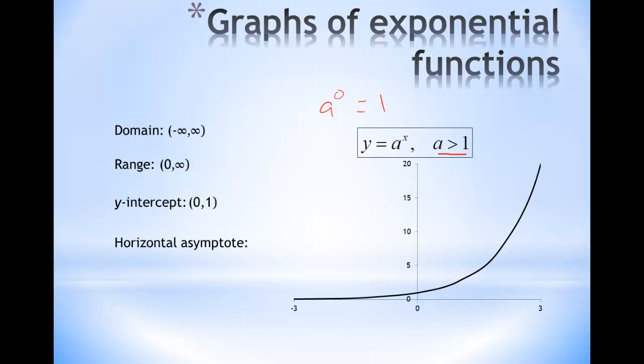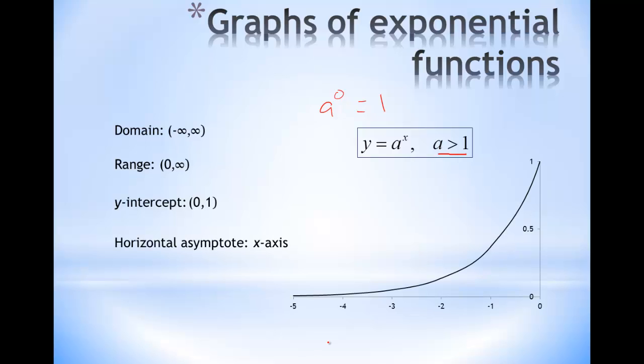The horizontal asymptote is going to be the x-axis. And if you think about this, let's just look at our 4 to the x example. As x goes off to negative infinity, let's look at 4 to the negative, let's just say third for now. What that negative exponent does is it puts it in the denominator.